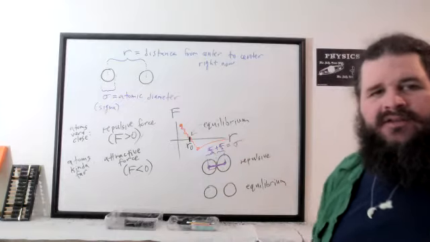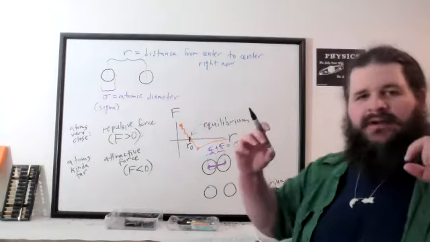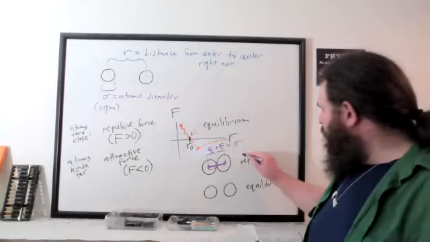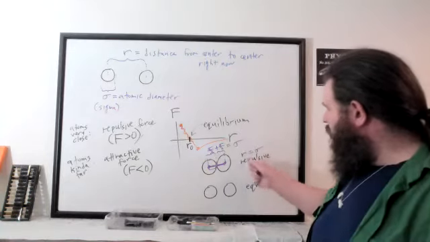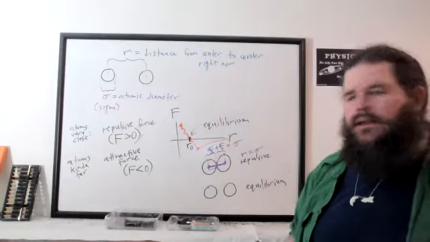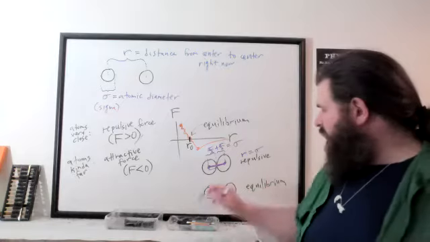So if R, the distance between center and center, is exactly 1 sigma, that means the particles are just barely overlapping, just barely starting to overlap. So if R is exactly sigma, they're going to be repelling. The equilibrium distance is that plus a little bit of extra distance.